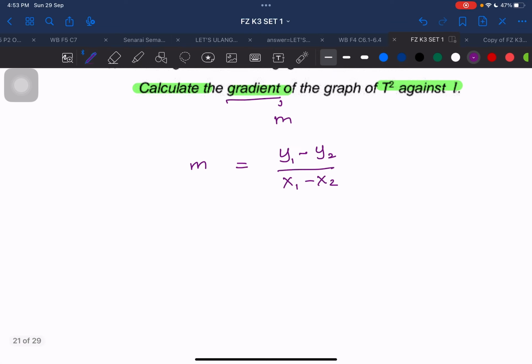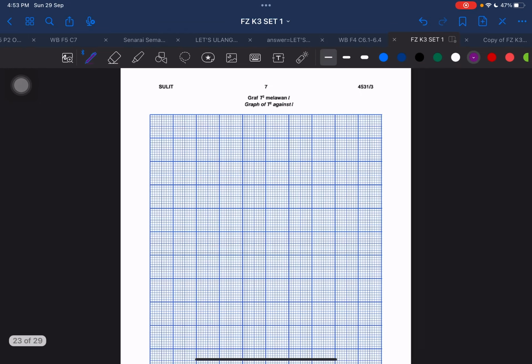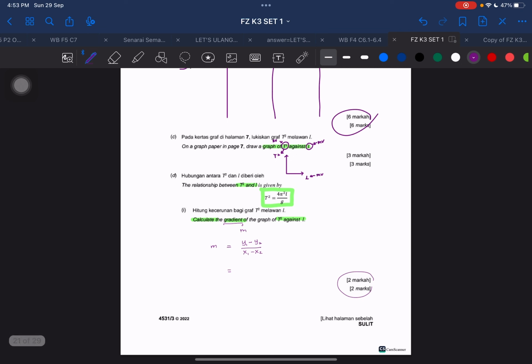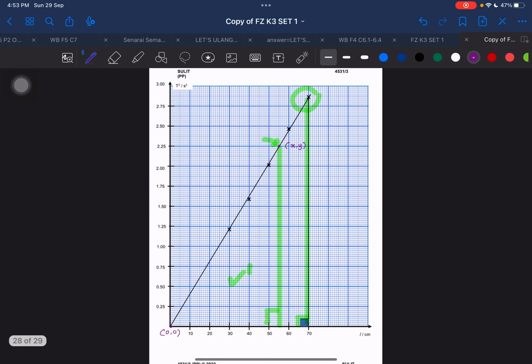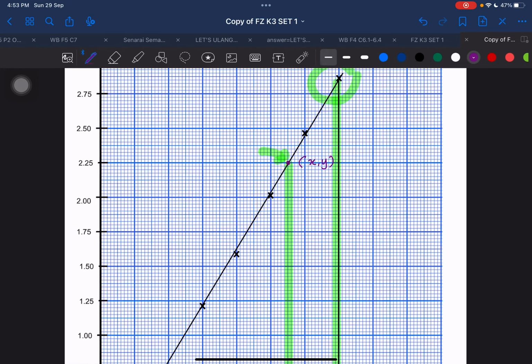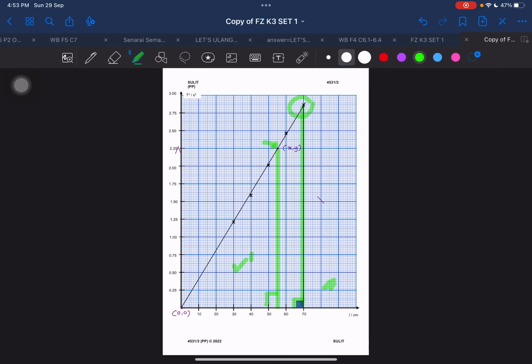So you have 2 coordinates. Let's say I simply give a number. Where is it? Let's say we use this point. So this one is 2.25, so here y is 2.25. Oh, why did my ink suddenly disappear?